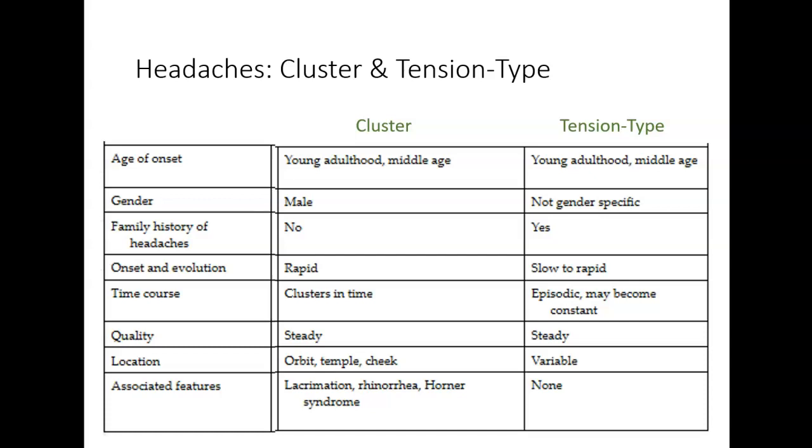Tension headaches: young adult, middle age, not gender specific. The onset is usually slow, but it could be rapid if it's the end of a long day and you've been able to stave off a headache, and then it comes on pretty quickly. The location is variable and, again, pretty easily treated.